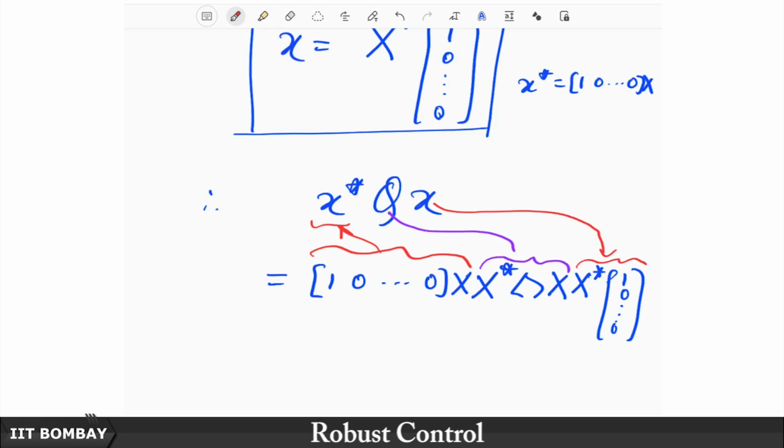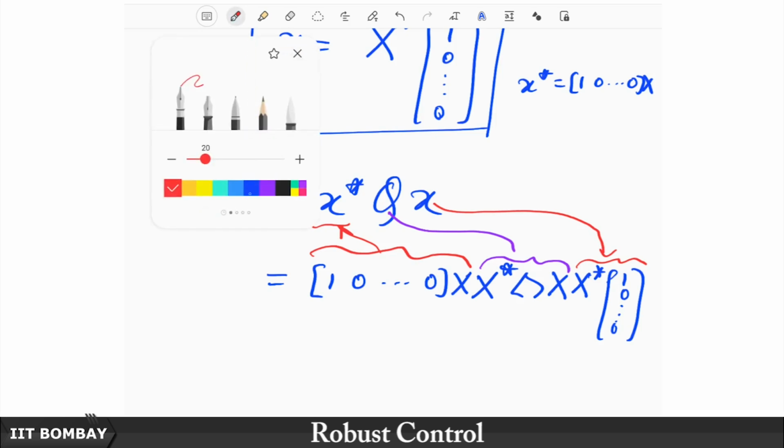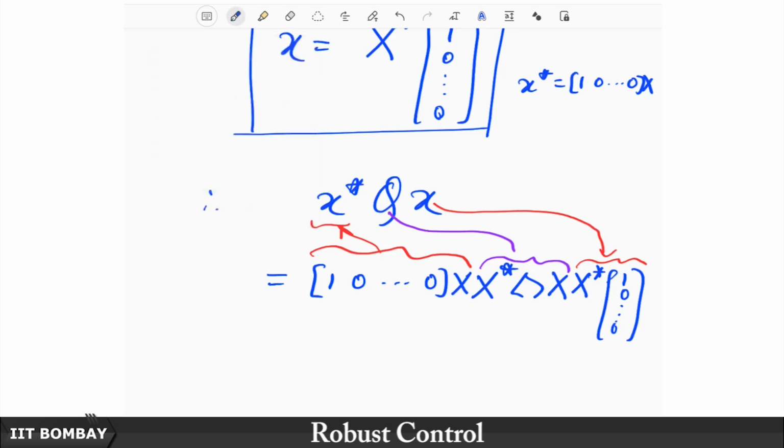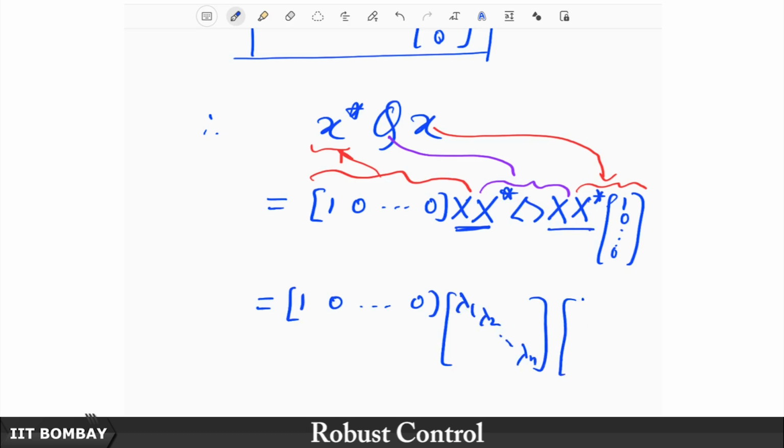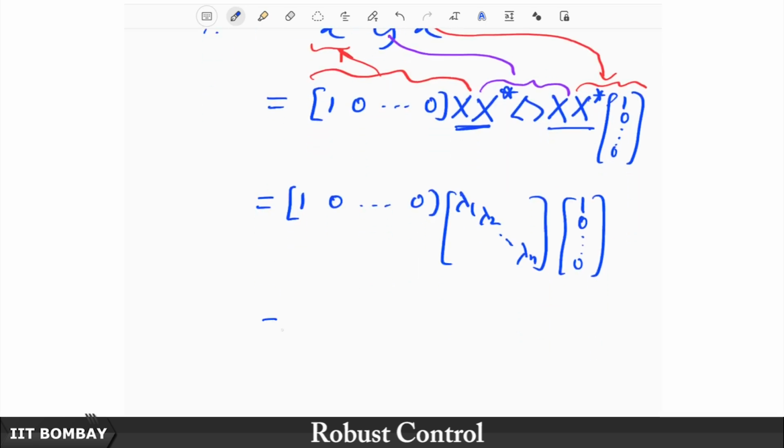So there is no problem in going about in this fashion, right. Now what happens? Look, these two can be combined to give identity, these two can also be combined to give identity. So what I then essentially end up with is 1 0 0 0 like this, and then lambda 1, lambda 2, dot dot dot till lambda n, and then this 1 0 0 0 like this. But what is this going to pick out? This is going to just pick out lambda 1, which is negative.